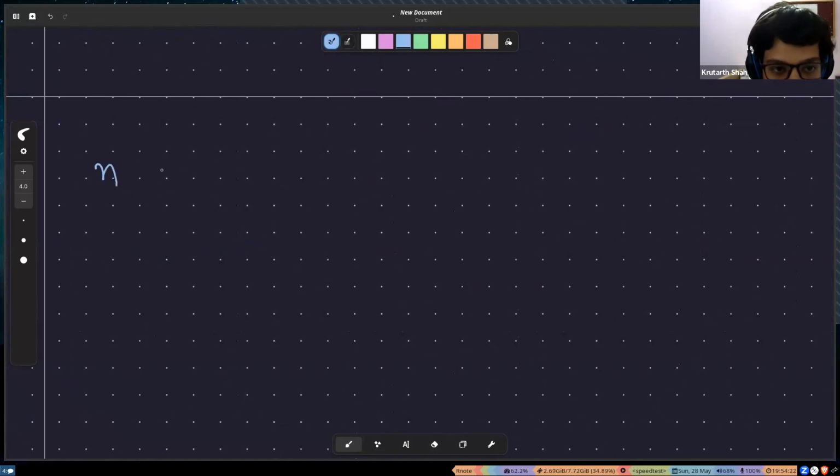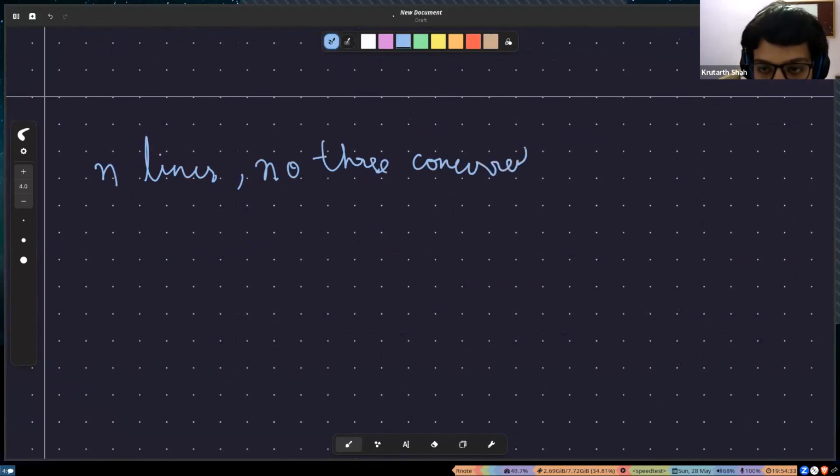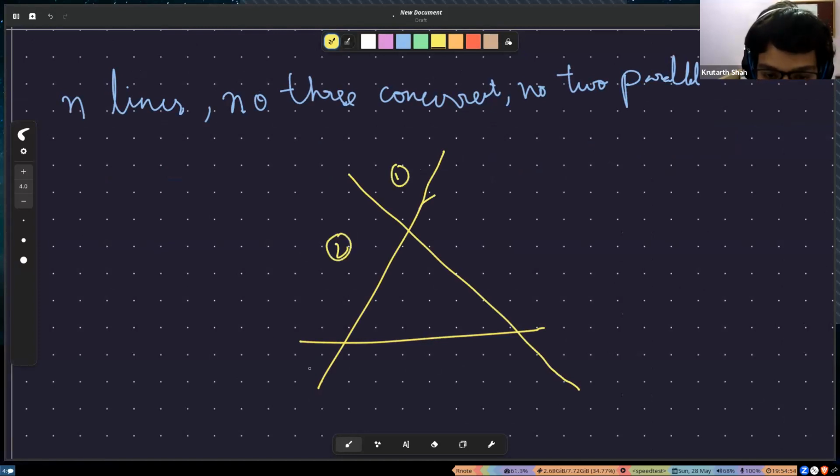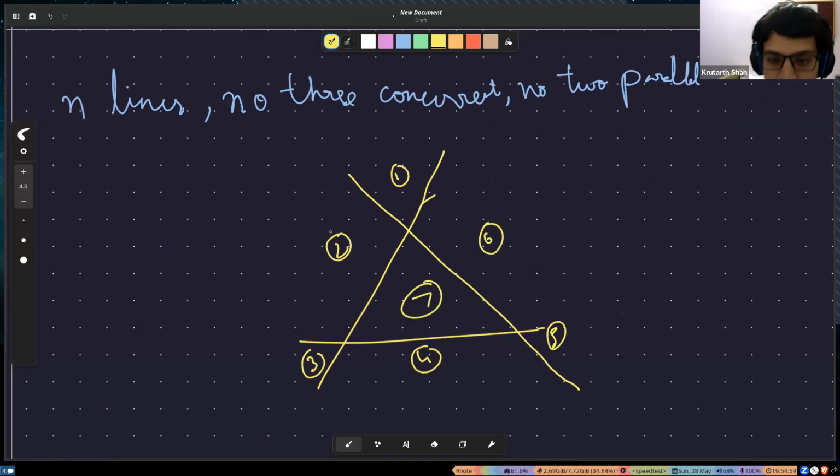Let's have n lines, no 3 concurrent and no 2 parallel. If I give an example, if I have 3 lines, they form these regions: region 1, 2, 3, 4, 5, 6, and 7.